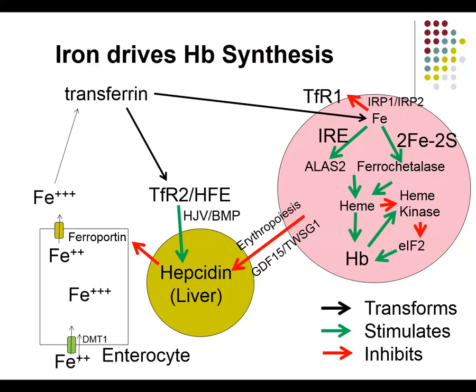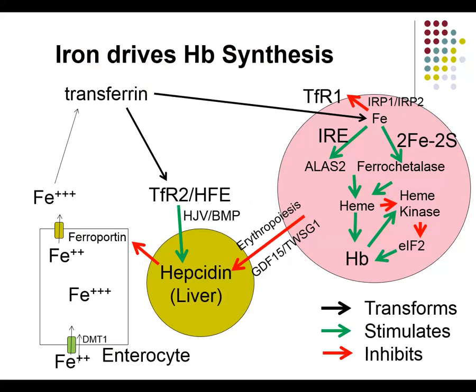The increase in the enzymatic activity of ALAS2 and ferrochelatase leads to the synthesis of heme groups, which in turn activates globin synthesis by stimulating the translational factor EIF2. The erythropoiesis increases the presence of growth differentiation factor 15, which is abbreviated GDF15.